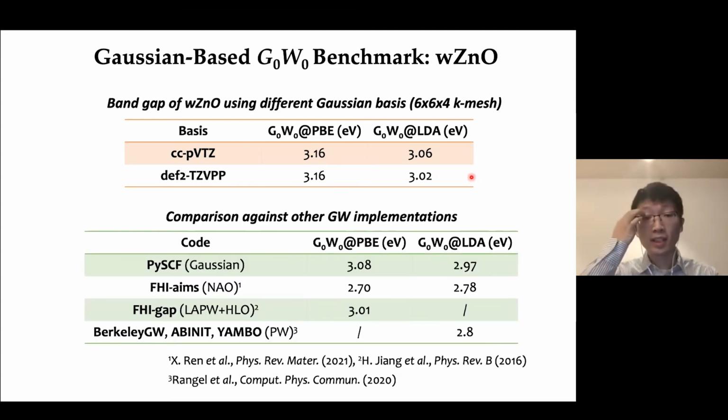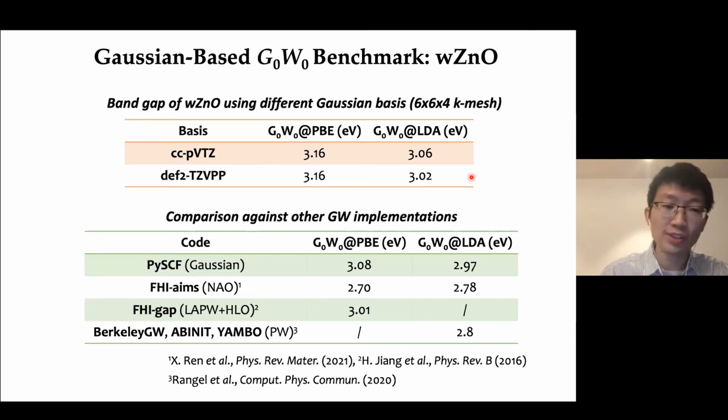And next, there's just one summary of comparison against other GW implementations. Specifically, in addition to these two implementations, I also include this plane wave-based benchmark very recently done using these three packages.